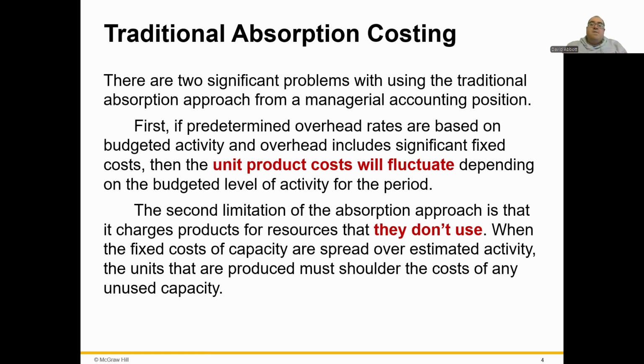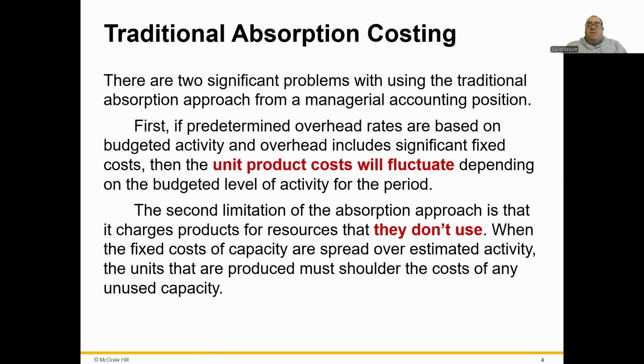So what they're saying is, if the amount of units changes, then the cost is going to change, or the level of activity changes, the costs are going to change.